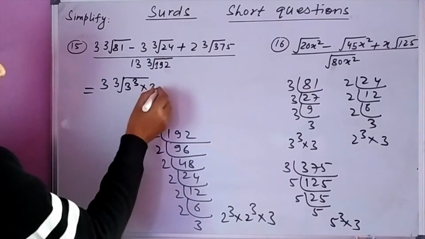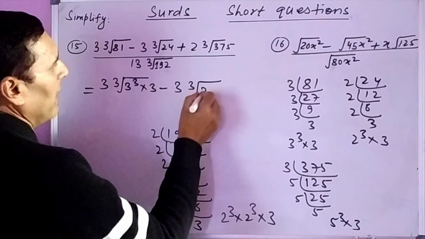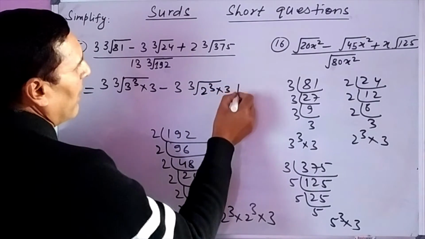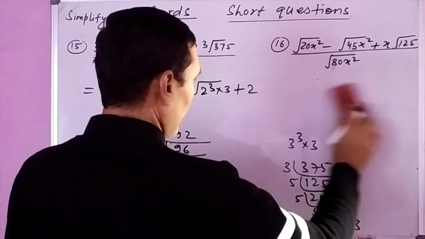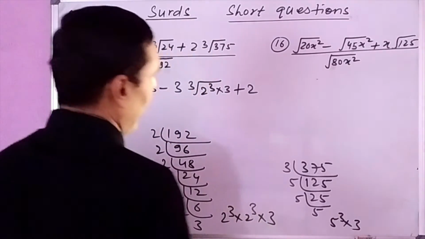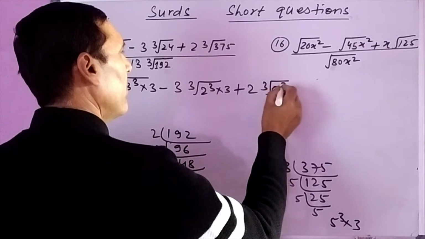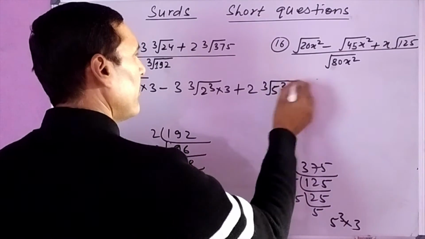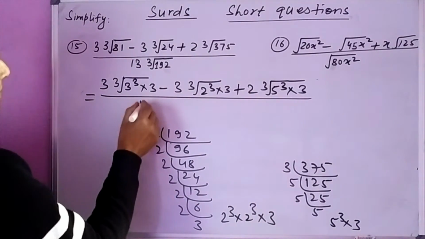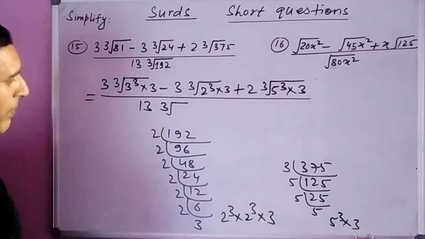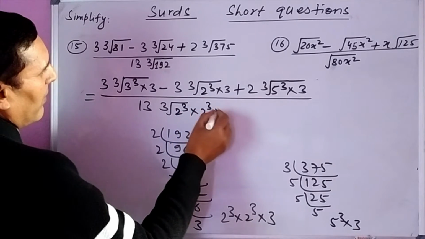Again cube root of 24, 2 cube into 3, plus 2 cube root of 375, which is 5 cube into 3, and in the denominator 13 cube root of 2 cube into 2 cube into 3.